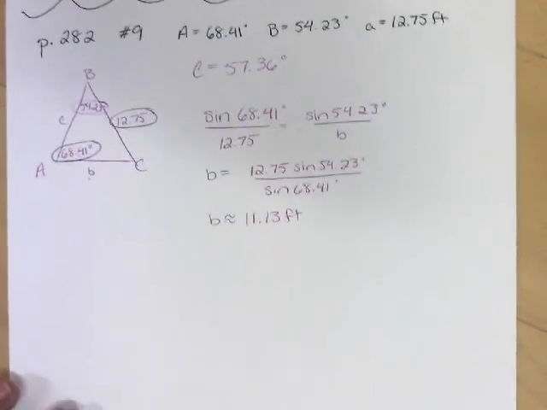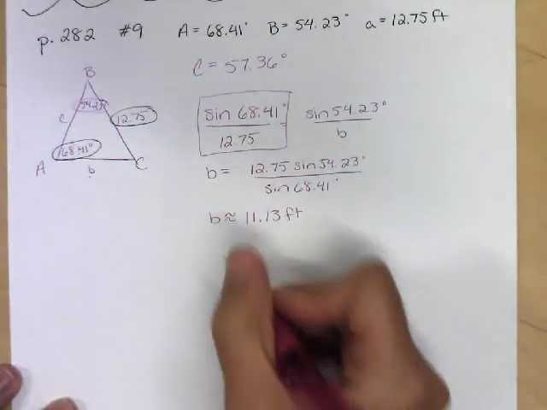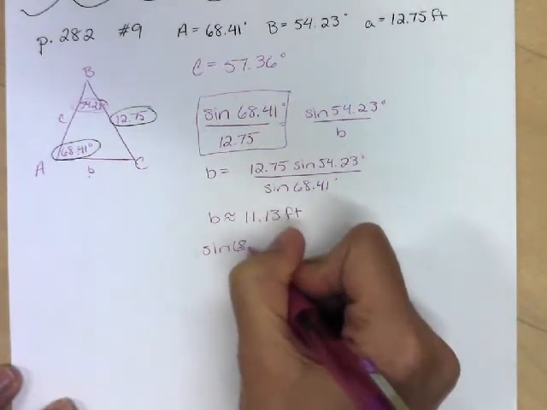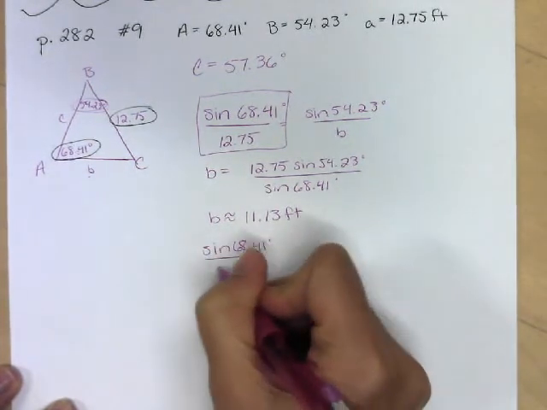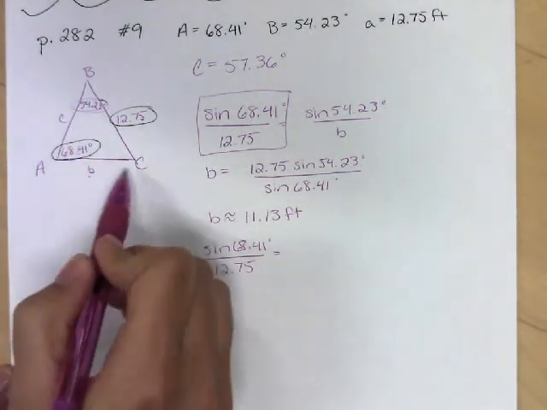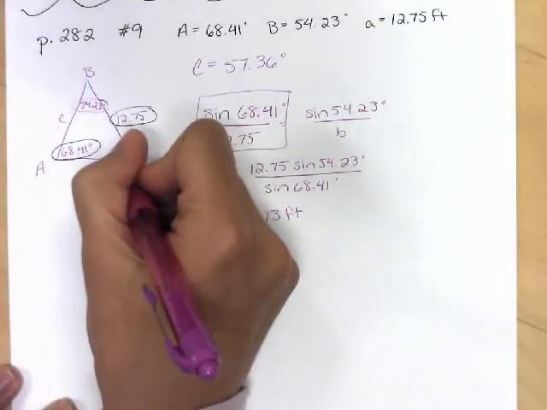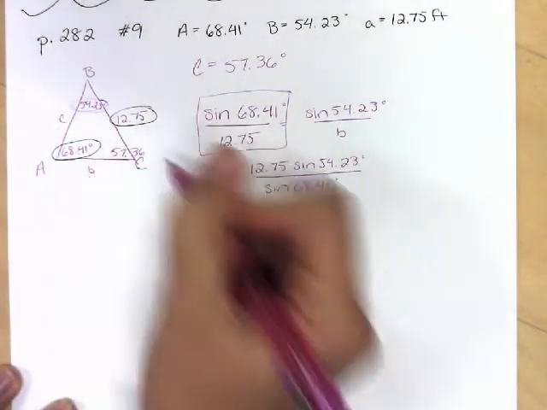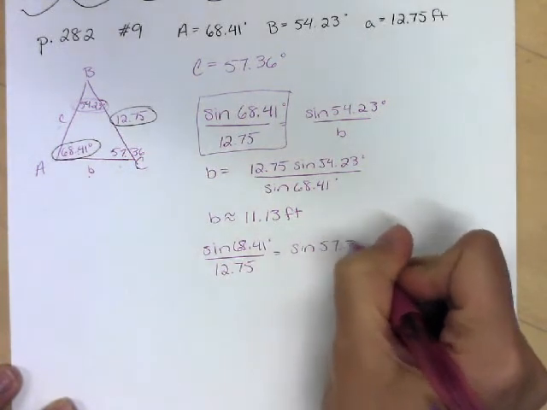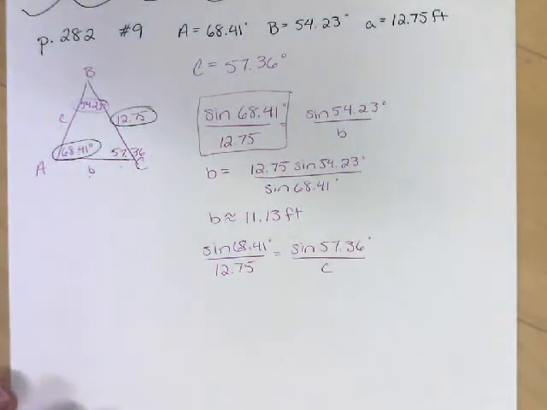To solve for side C, I can take this same ratio, sine 68.41 degrees divided by 12.75, and now I'm going to set it equal to the relationship between angle C and side C. I found that angle C was 57.36, so I can say sine of 57.36 degrees over, and side C is what I'm looking for.